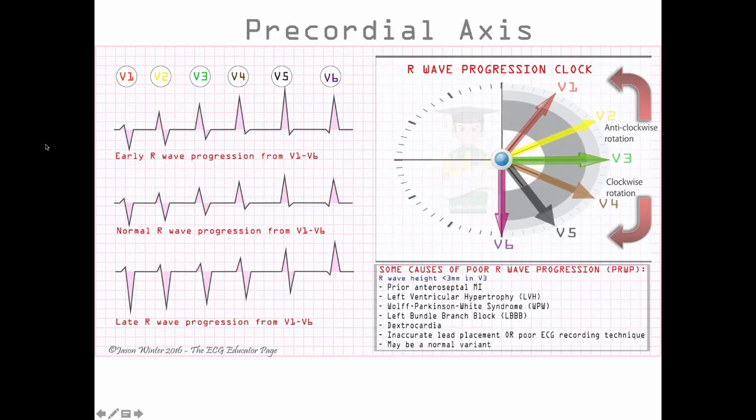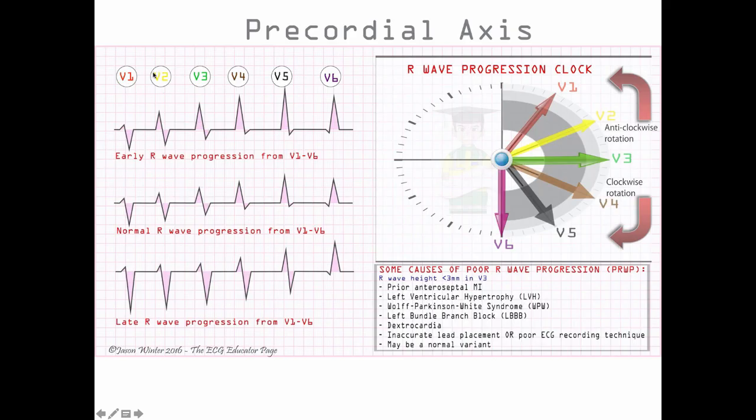So our normal R wave progression here in the middle starts negative, ends positive. So we're going to transition here in V3. That's normal. It's going to get bigger and bigger and bigger. V5 to V6 actually gets a little smaller in amplitude, but starts negative and ends positive. If we have early R wave progression, it transitions just earlier than V3. So here we have a transition in V2.